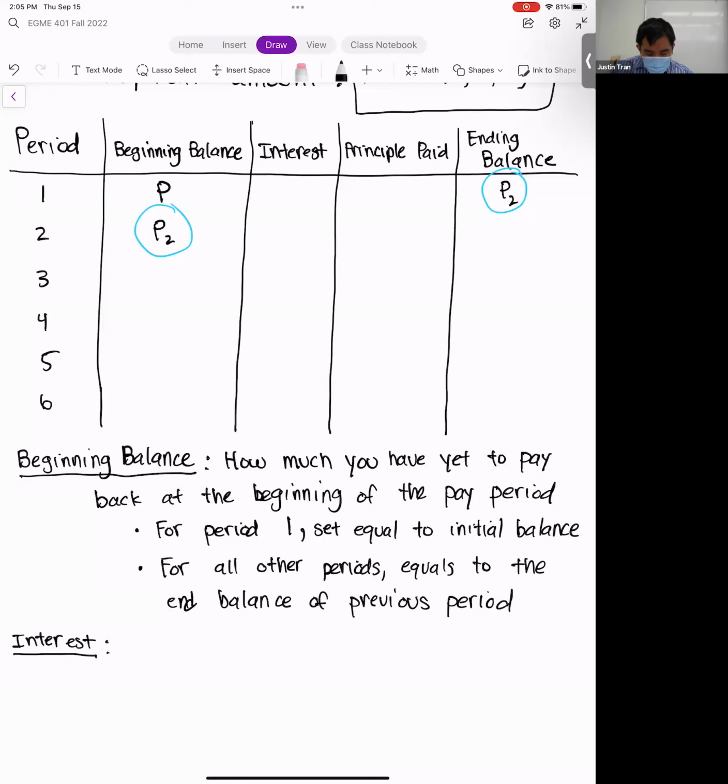All right, so the interest column shows how much interest money you owe your lender for that time period.